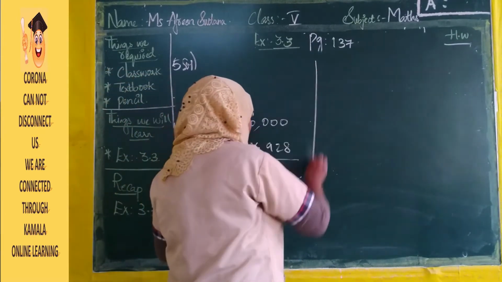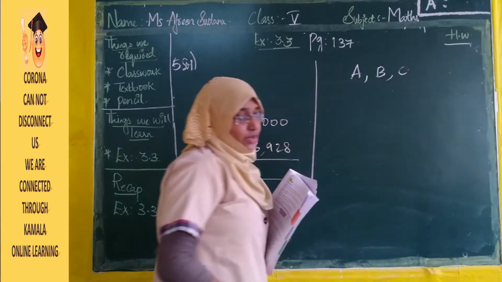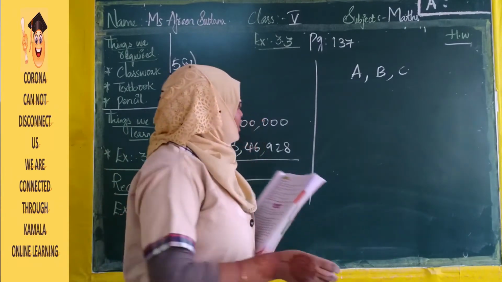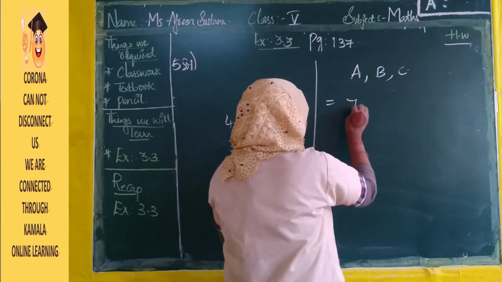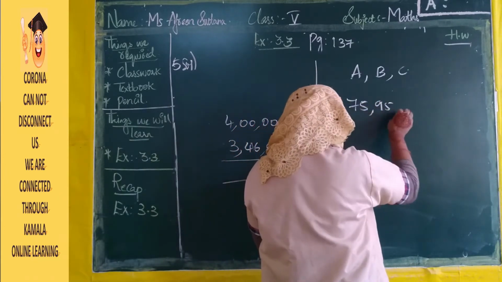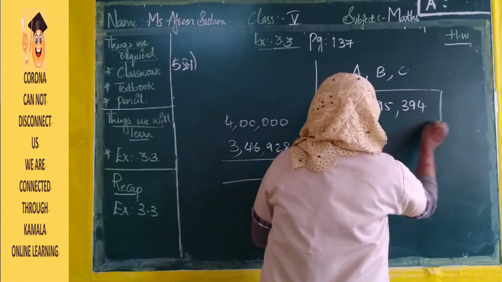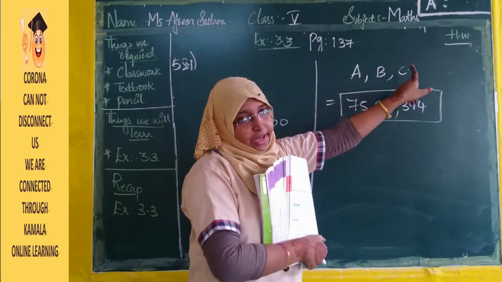So here there are 3 candidates A, B and C who contested an election. Firstly they have given the total number of votes, that is 75,95,394. This is the total number of votes got by candidates A, B and C.